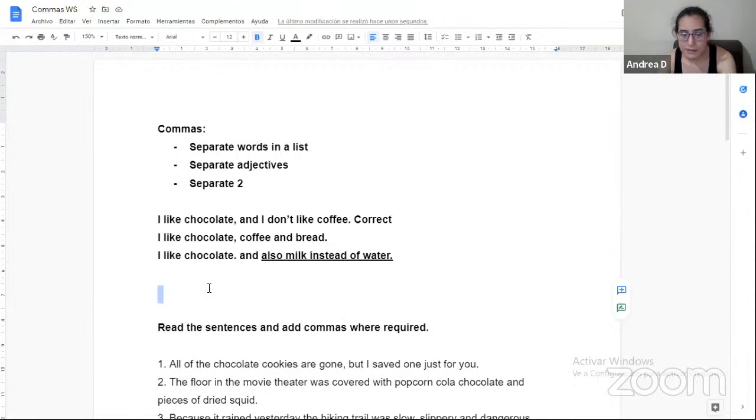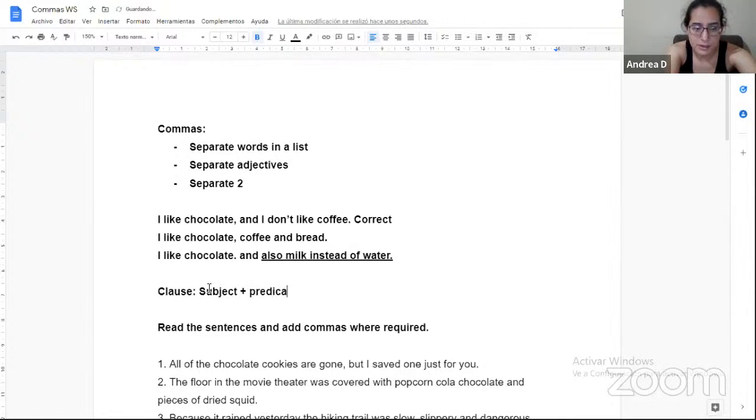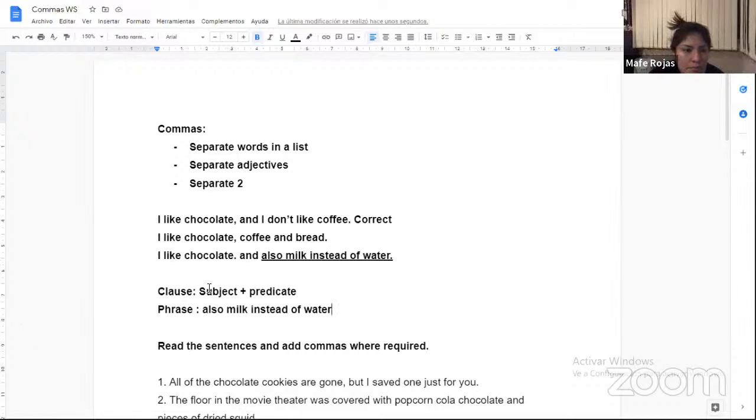An independent clause has to make sense on its own, while a dependent clause needs another clause. But in order for it to be a clause, it needs to have a subject and a predicate. Also milk instead of water doesn't have a subject or a verb.